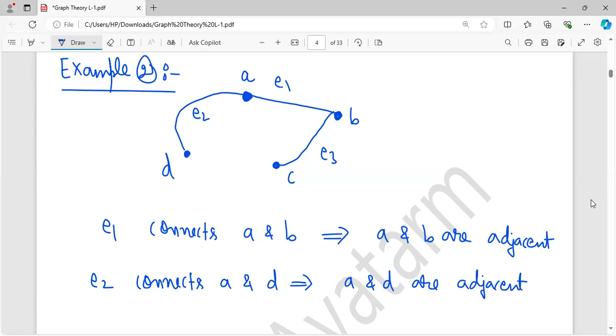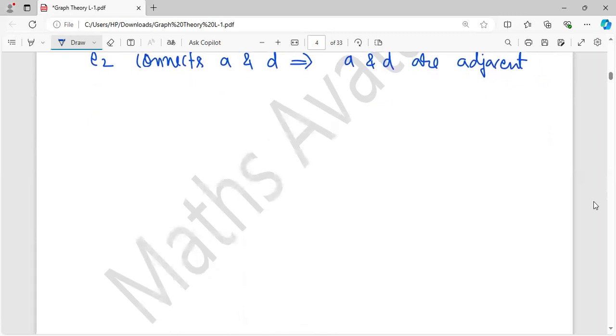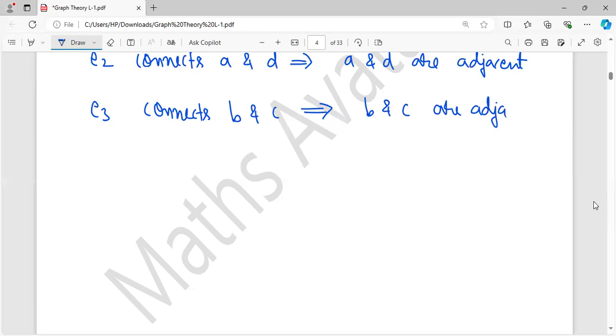E3 connects B and C. This implies B and C are adjacent.